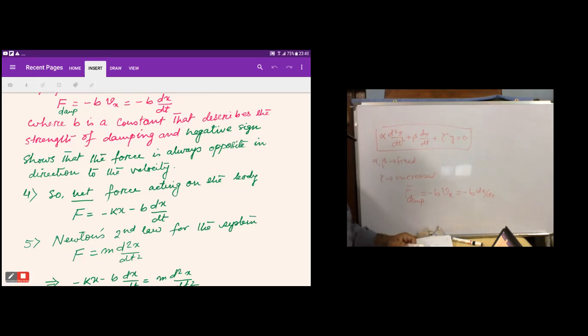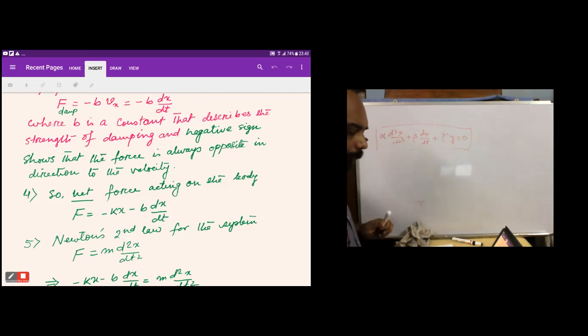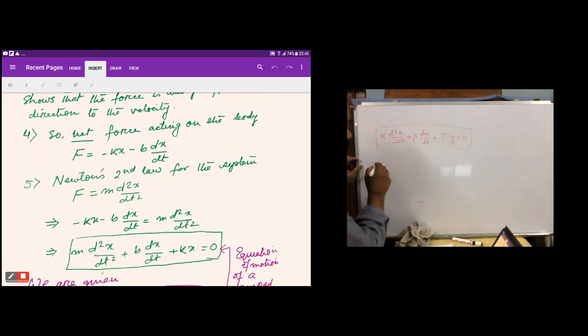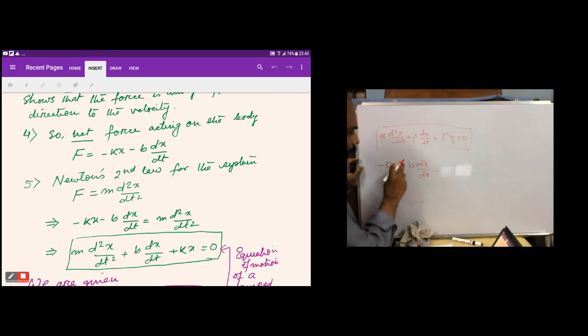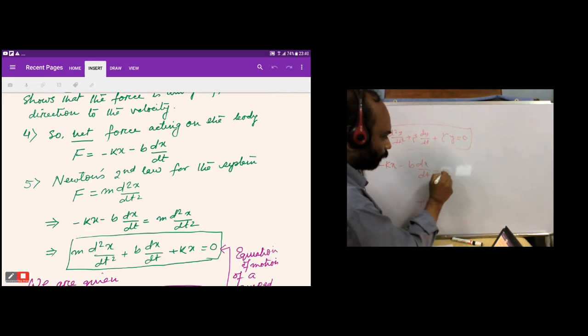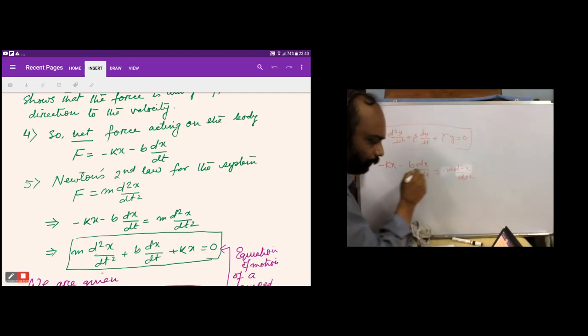According to Newton's second law, force is equal to m d2x by dt square. So therefore, we can write minus kx minus b dx by dt is equal to m d2x by dt square.